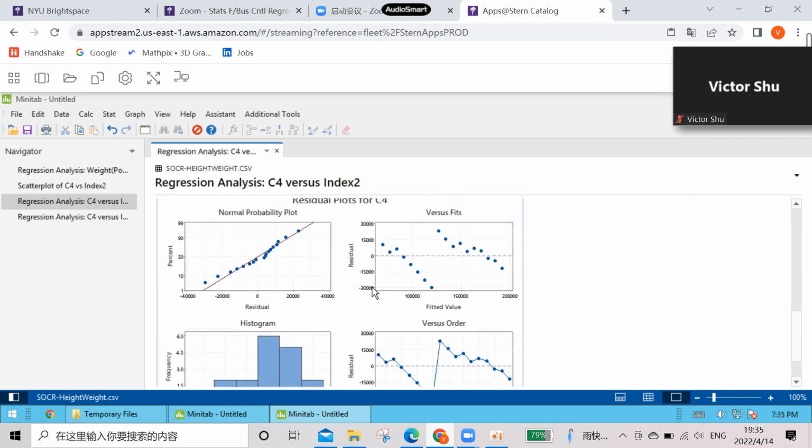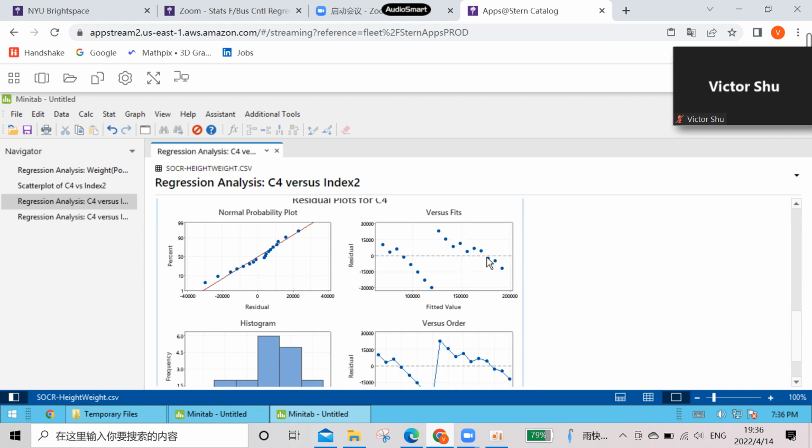In the residual versus fitted value plot, you see a lot of numbers have positive residuals and then 3 negative. Here again, the first 3 are positive residuals and then negative residuals. And those residuals have a trend, a downward linear trend. This is a pattern.